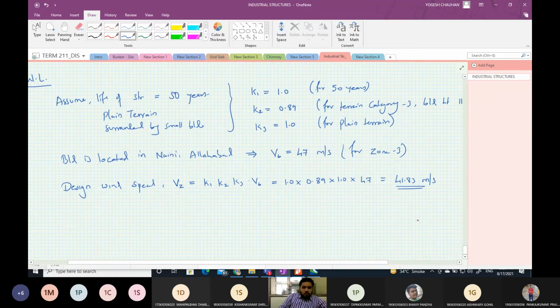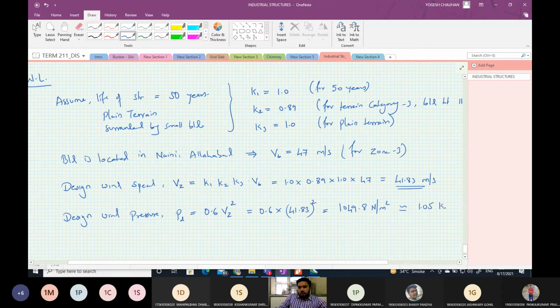So you can find design wind pressure PD, which is equal to 0.6 Vz square, 0.6 into 41.83 square. So this will be 1049.8 Newton per meter square. Let us say 1.05 kilonewton per meter square.